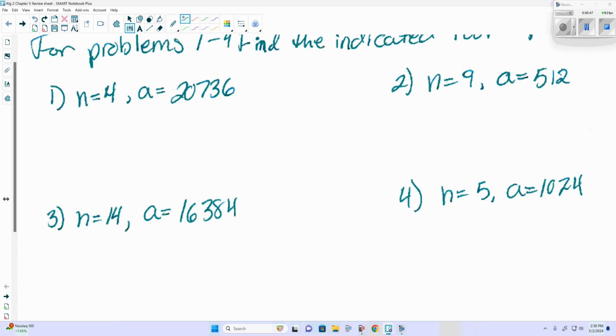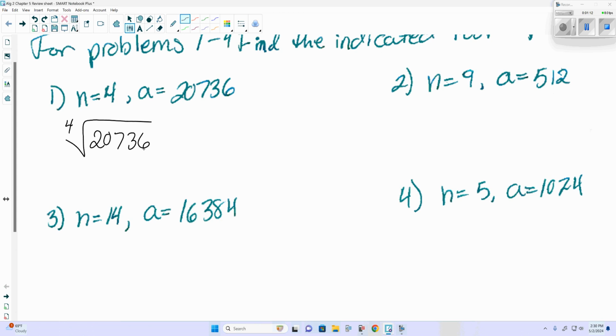So we're going to look at 1 through 4 first. Find the indicated root. Our first one is the 4th root of 20,736. At this point, we can plug the whole thing into the calculator.